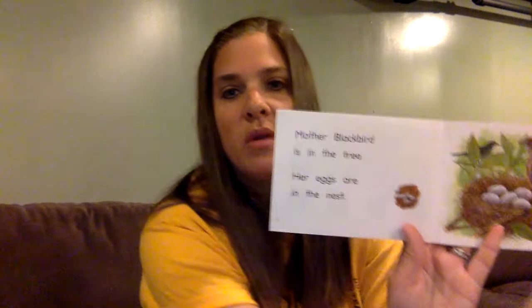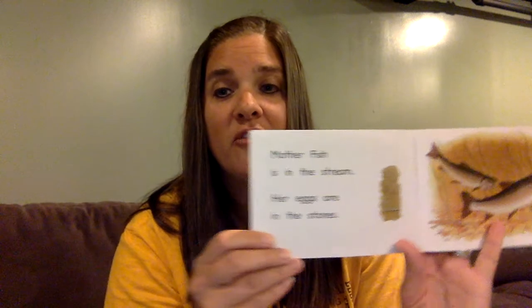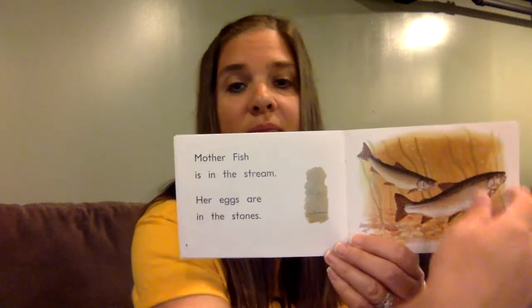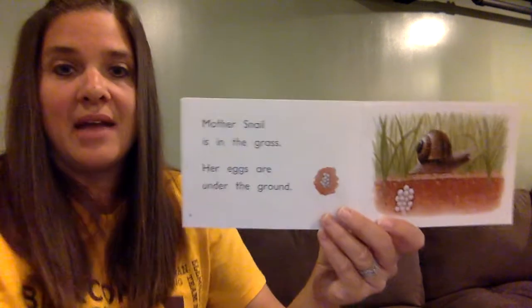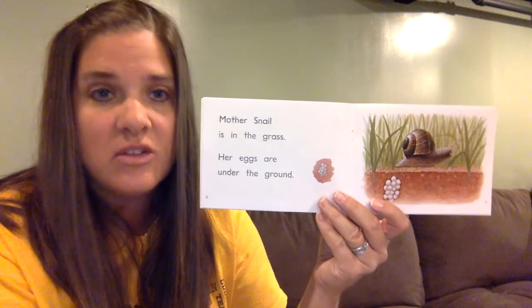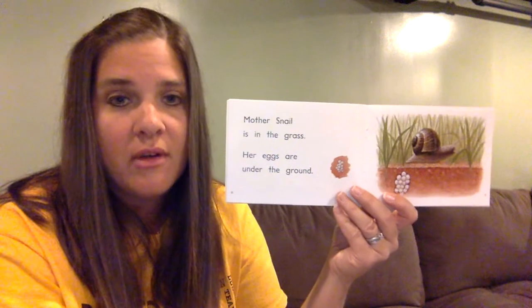If I go back quickly, I remember that we read about Mother Blackbird having eggs in a nest. I remember we read about Mother Fish having her eggs in the stream. And then I remember we even were able to read about Mother Snail, and she had her eggs under the ground. I noticed each page talks about an animal, where they are, and where their eggs are.